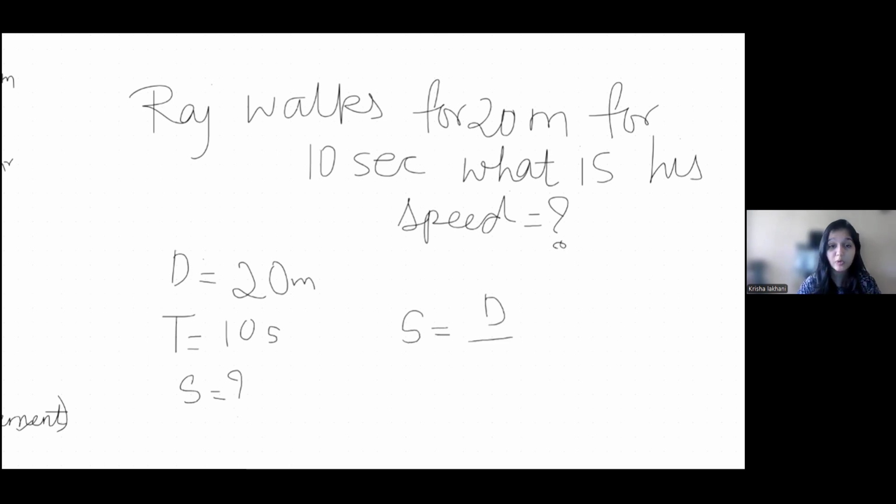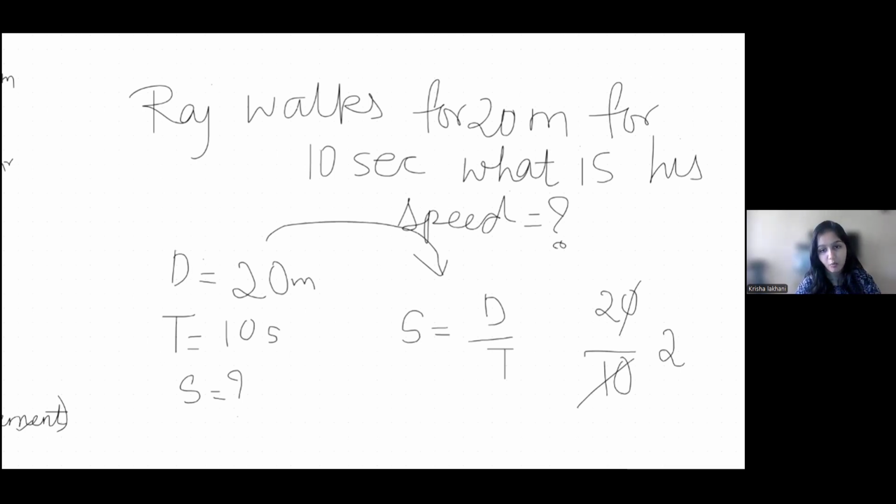You wrote the formula. Substitute these values in it. That is 20 upon 10. As soon as you write it, you will cancel this and the answer is what? 2. But here there is no unit that you have written. You will lose marks. Whatever you have done, you will lose marks. If I check the paper, it is completely a 0 without a unit.